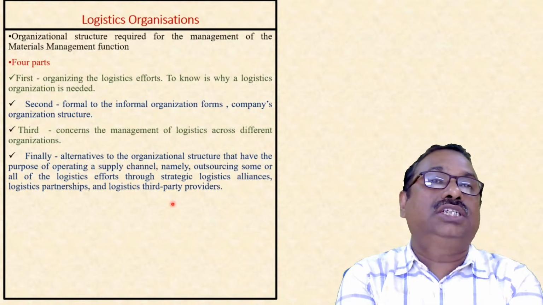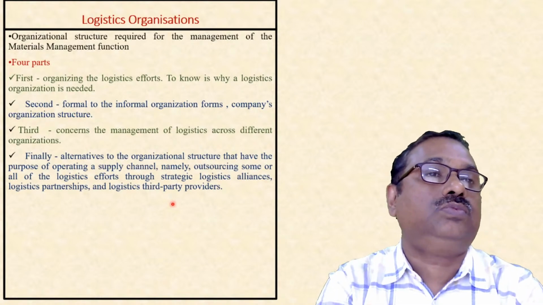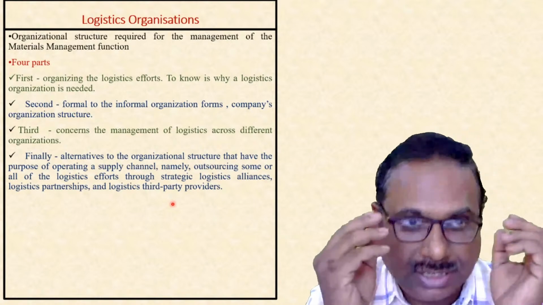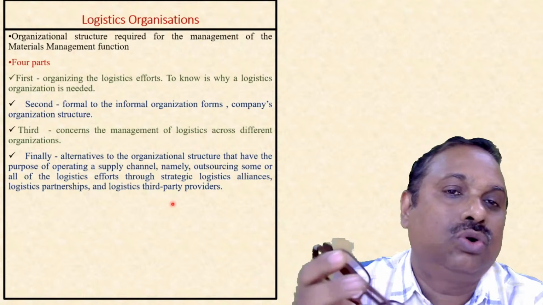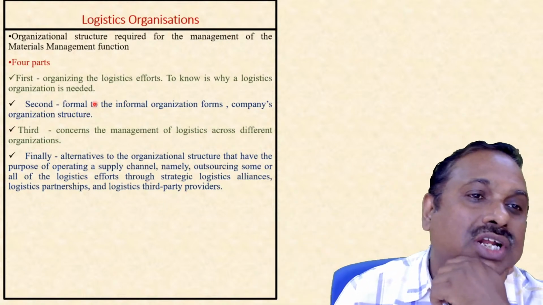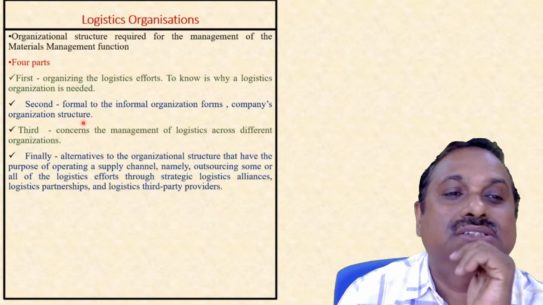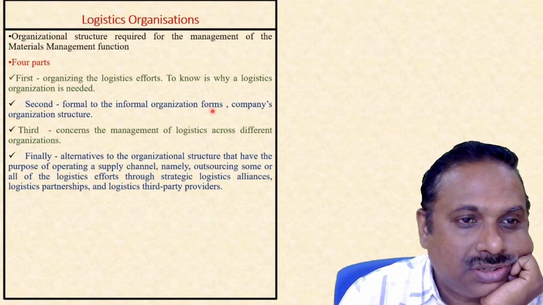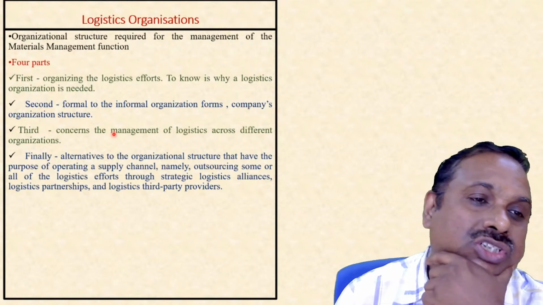And then coming to logistics organizations, it has 4 parts. First is organizing the logistics efforts, to know why a logistics organization is needed. Second is formal to informal organization forms, companies, organization structures and all.